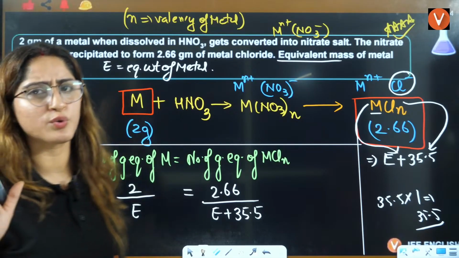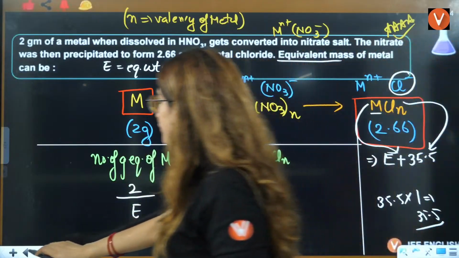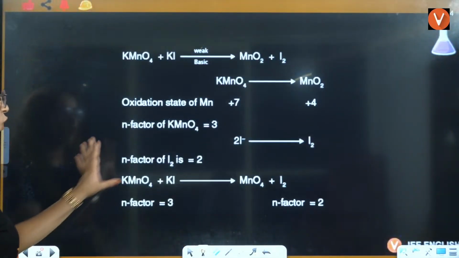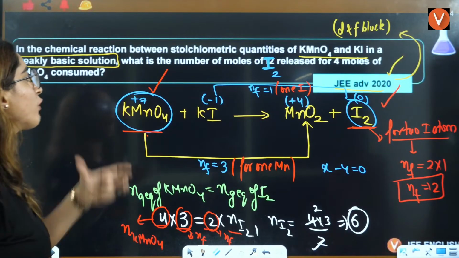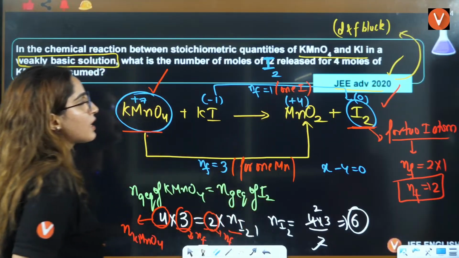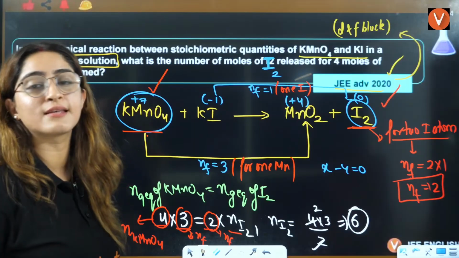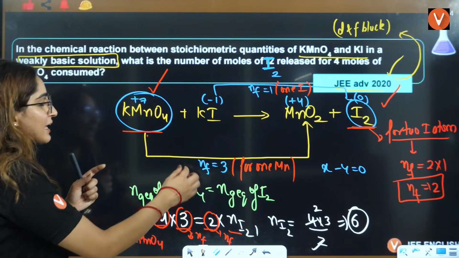That's it. That was today's class. Clear, everyone? Here also, if you move back, ma'am, how you solved it? I solved the oxidation number. After that, I saw how much is the change, how many electrons it is gaining. It is gaining 3 electrons.